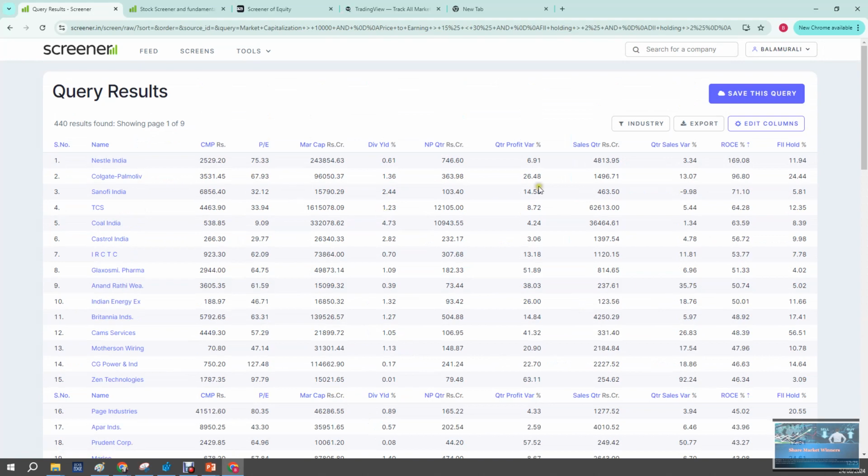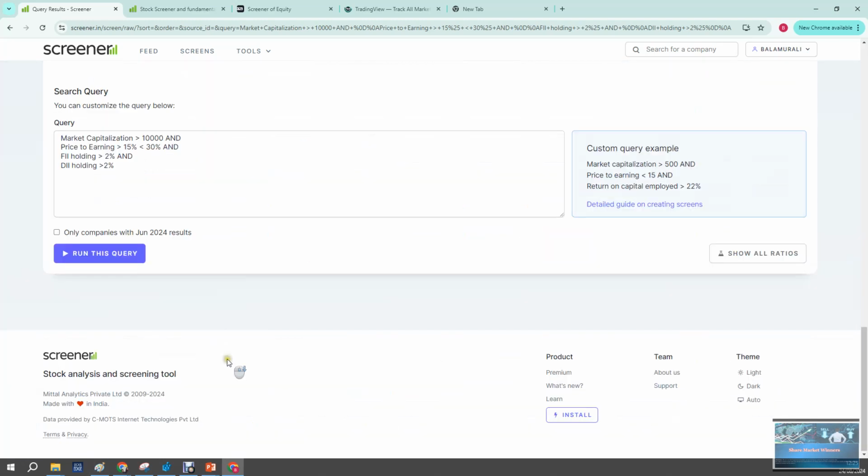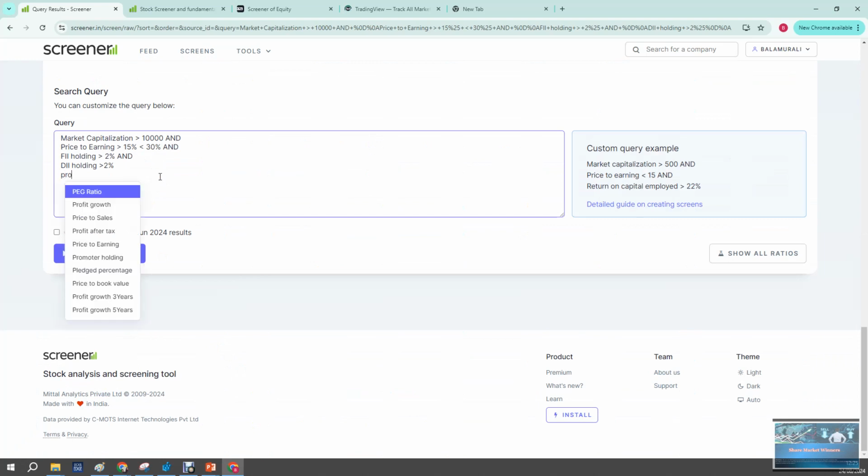In that you will be able to see the stocks. It is not coming in a particular order. It is just populating the results based on our query. From here you will be able to refine further by adding more conditions, which you can do at the bottom of the screen, where you can add profit growth.